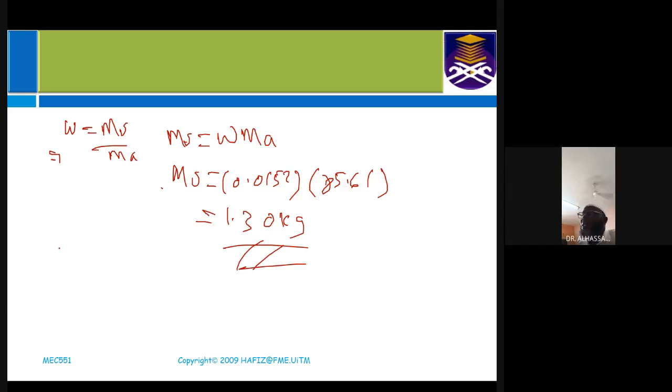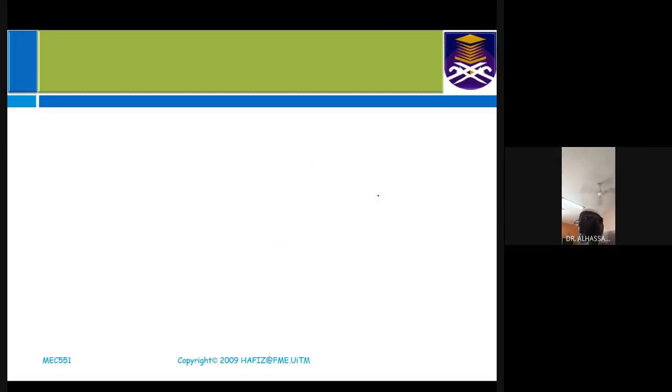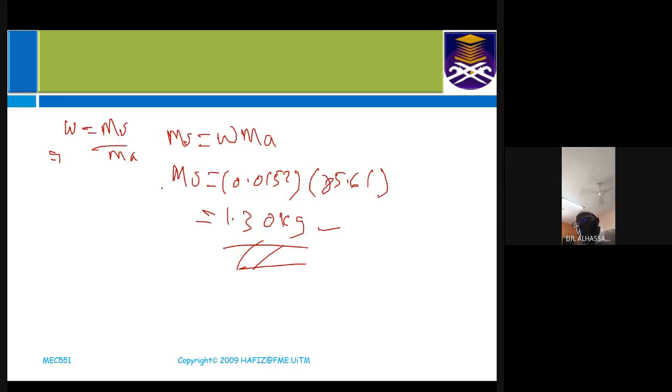So if you compare the mass of the water vapor, see, this is about 1.3 kilogram, and if you compare that to the mass of the dry air, the mass of the water vapor is very, very small compared with the mass of the dry air.